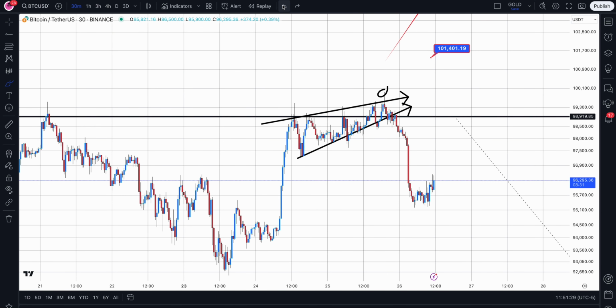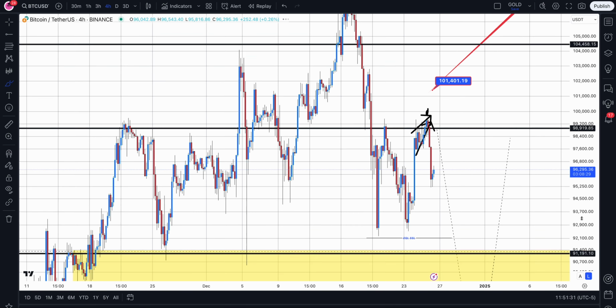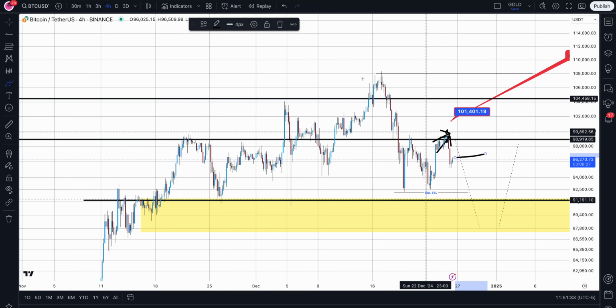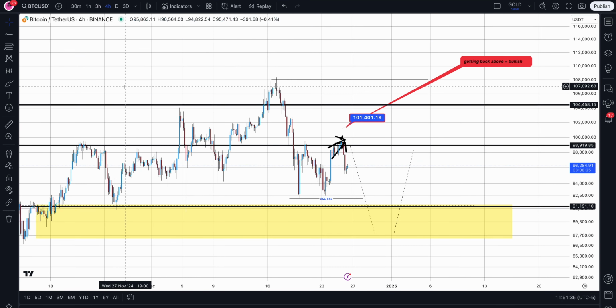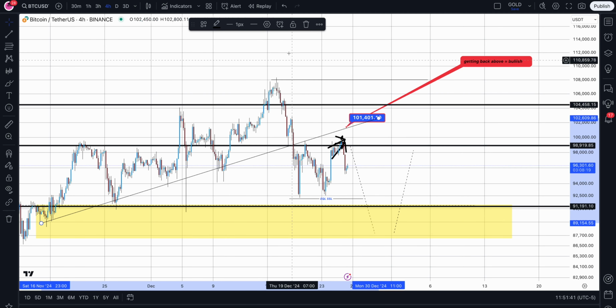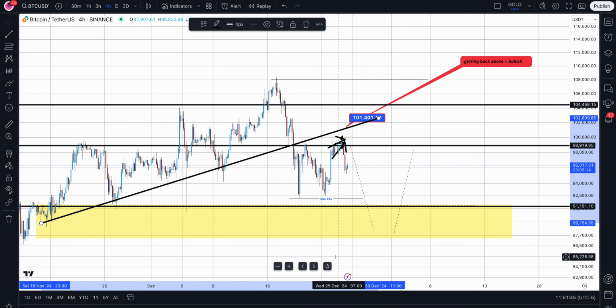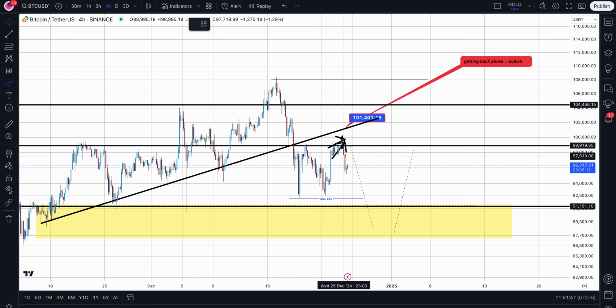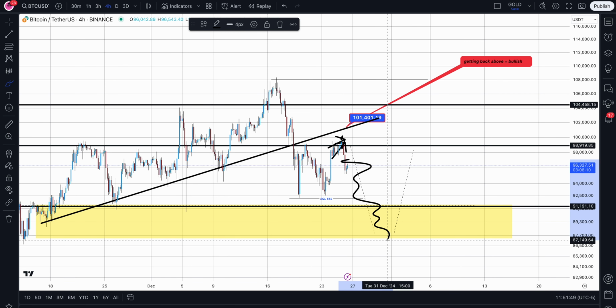And remember, if we get above this level right over here, so I'll show you guys right now. If we get above this level right here at $101,401, which is this trend line, then that would be very bullish, and then we can invalidate this move to the downside. Okay?